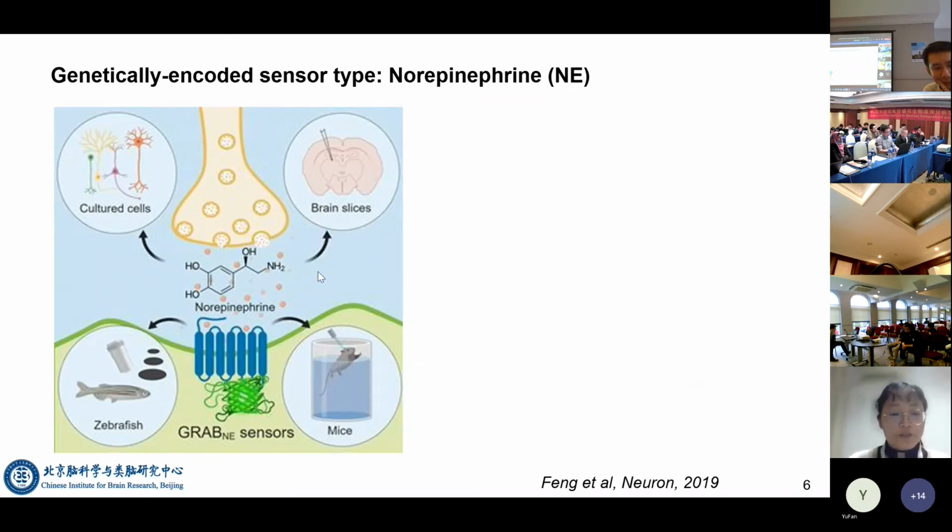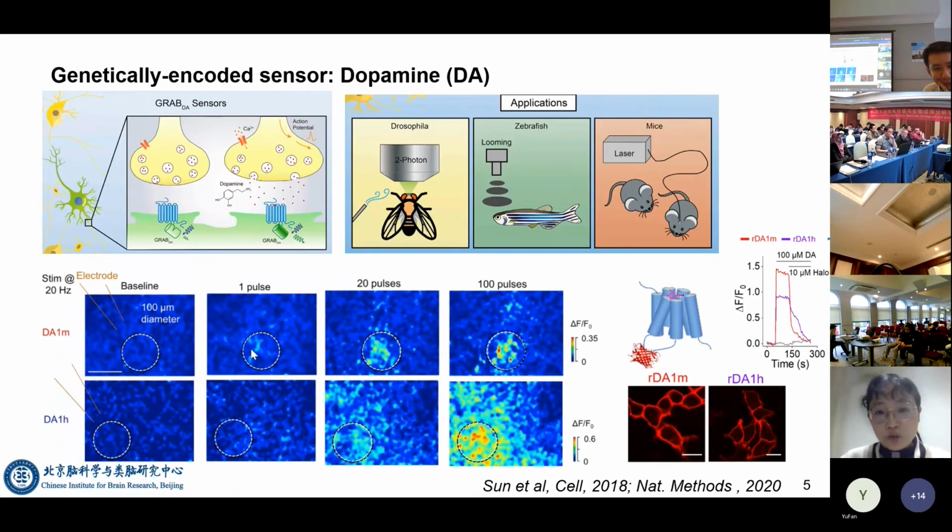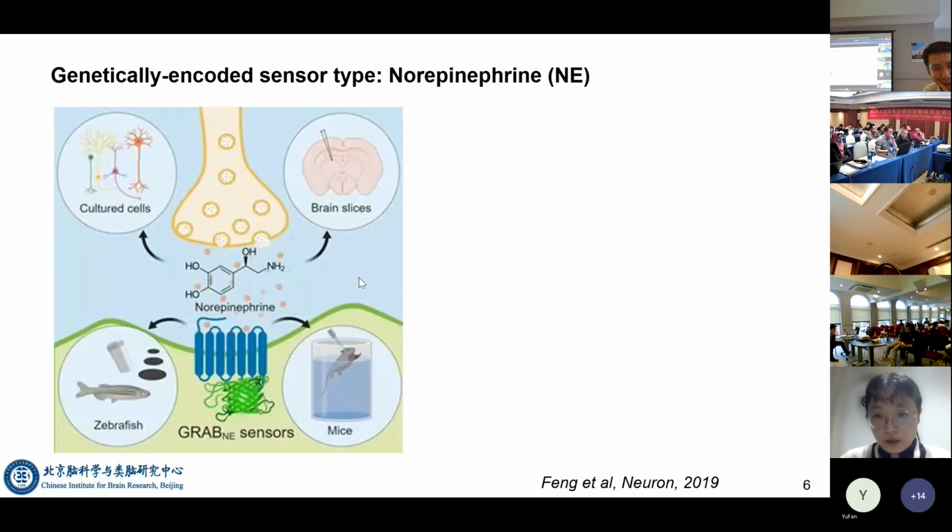So they have a similar structure, and they also have similar functions. When they first made these sensors, they found that it can also detect norepinephrine, and so they explored another sensor that is specific for norepinephrine.